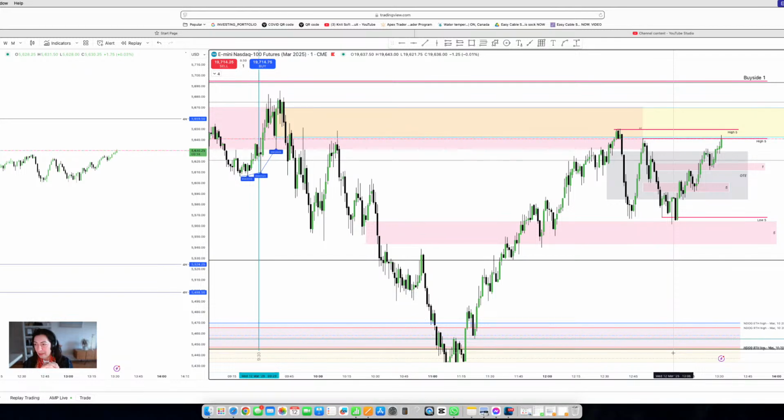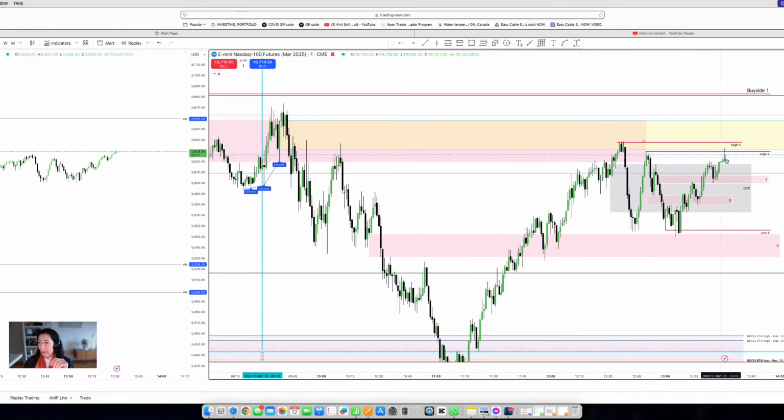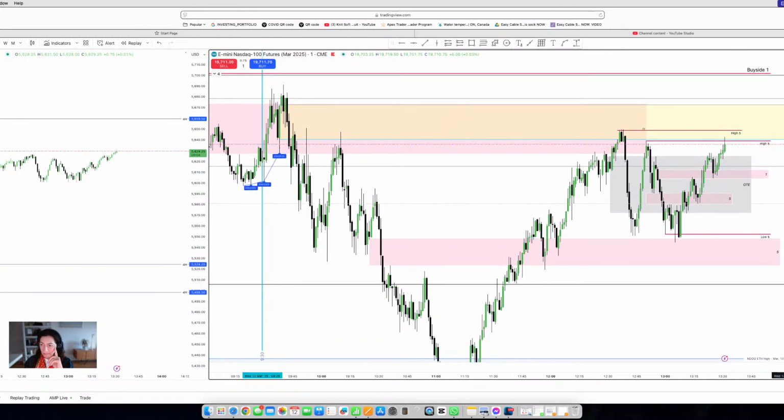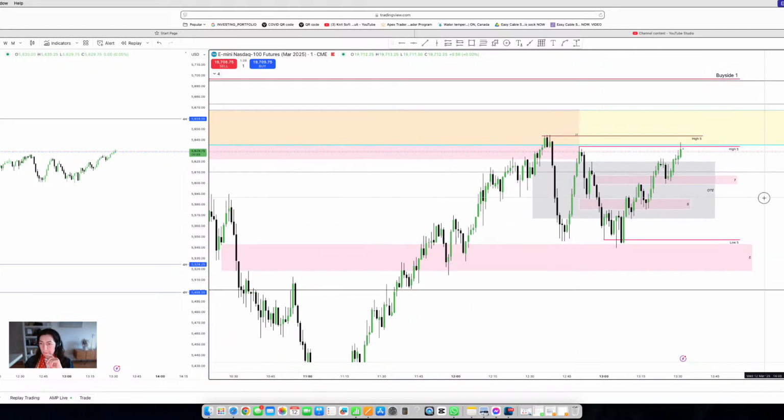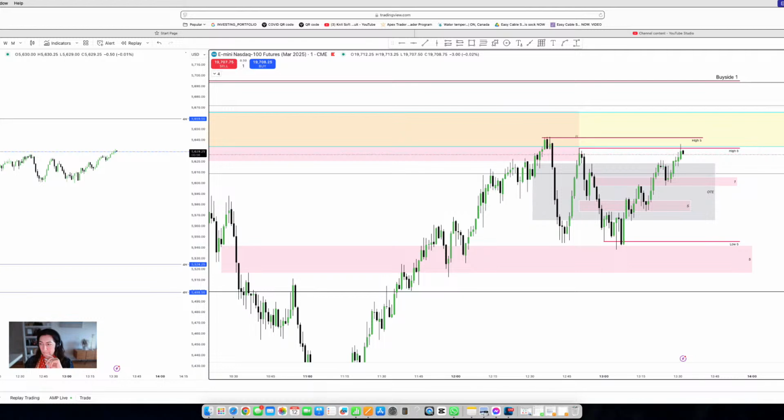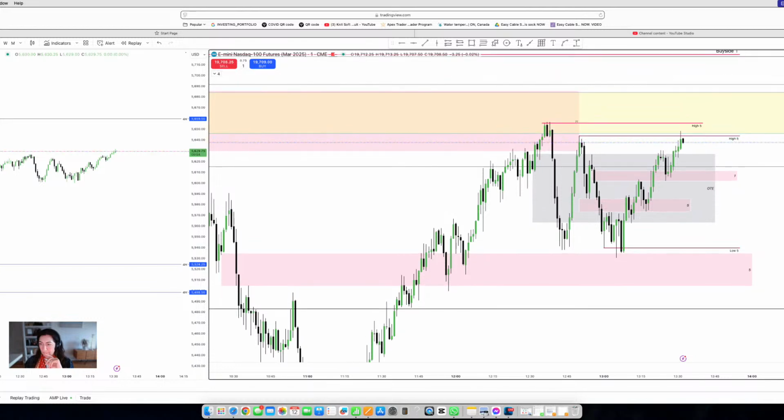So we're breaking above the 5-minute, no, just rejecting. We're playing with the 5-minute break of structure time frame. Here is our high on the 1 minute.